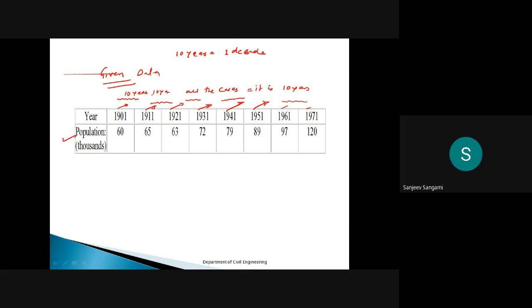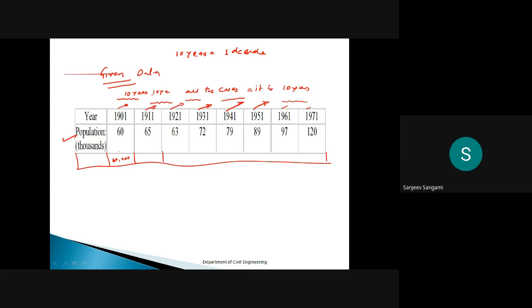The population in thousands is also very important. They have given the population in thousands, so it is not 60, it is 60 multiplied by thousands. You can make one more column if you want, which is better. So this is your 60,000, and whatever value is there has to be multiplied by 1000.